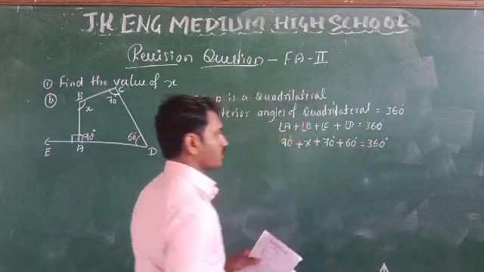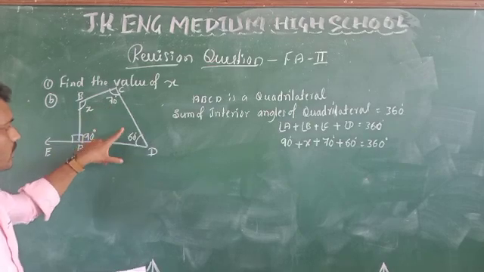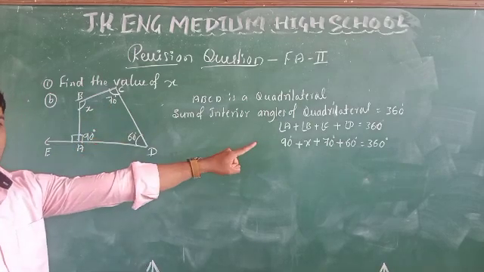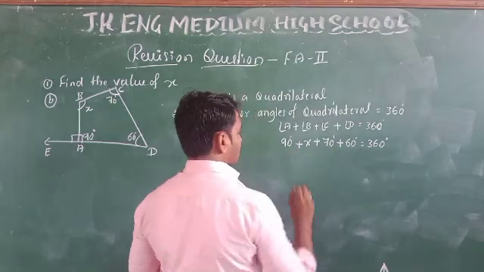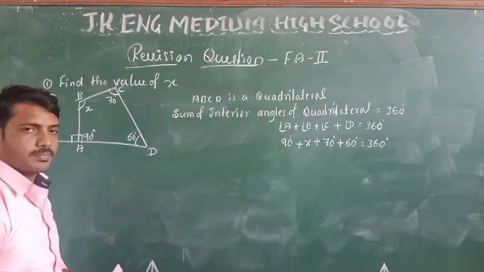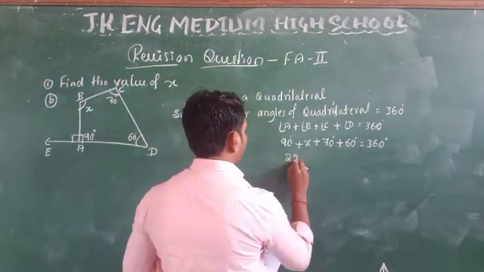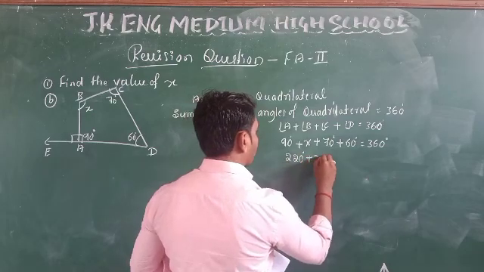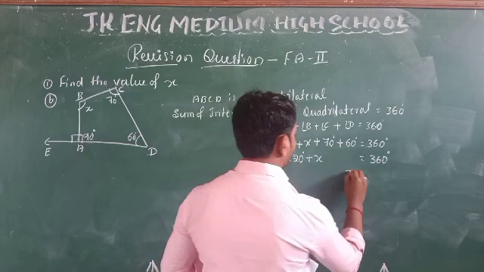Overall 360 degree. 90 plus x plus 70 plus 60 is overall 360 degree. Next, 90 plus 70, how much? 160 degree. Correct? 160 plus 60 is 220 degree plus x is equal to 360.